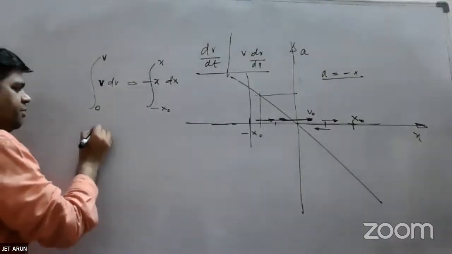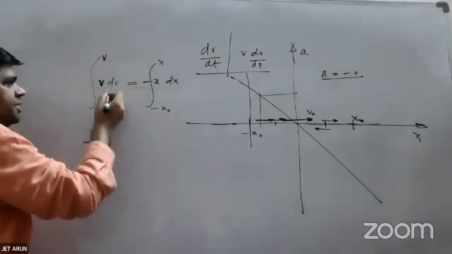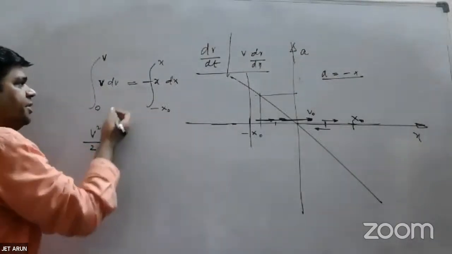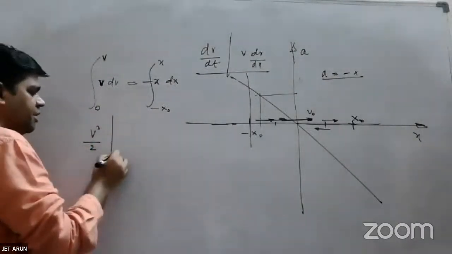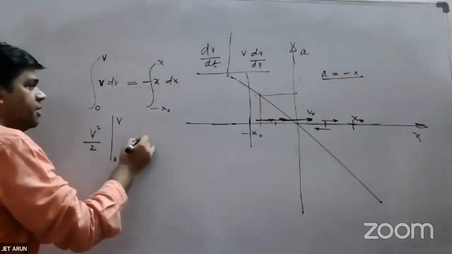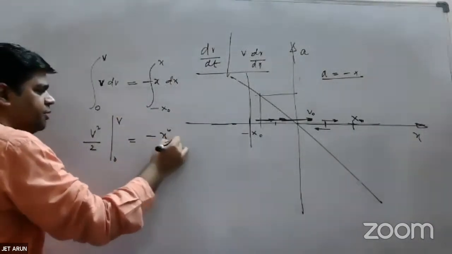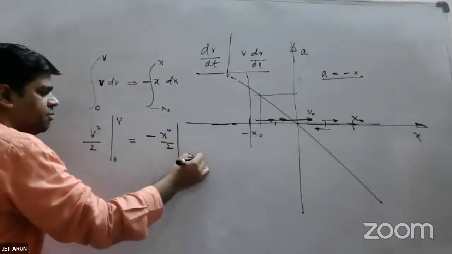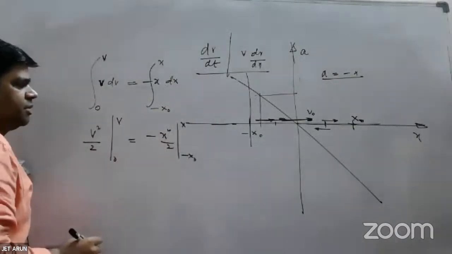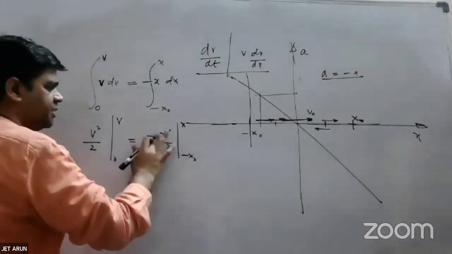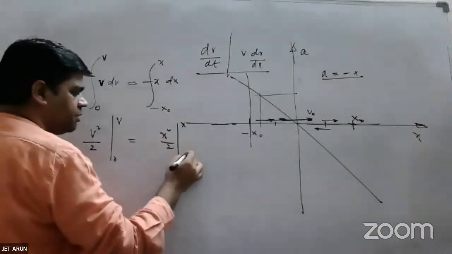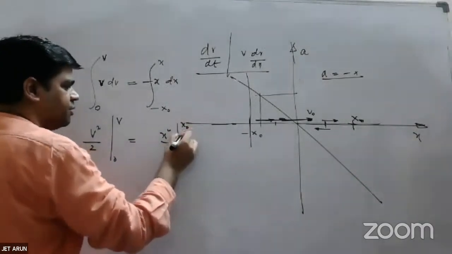So I'll get v square by 2. Integral x dx is x square by 2. Integral v dv is v square by 2. Under limits 0 to v is equal to minus x square by 2 under limits minus x naught to x. I'll remove the negative sign and reverse the limits, x to x naught.